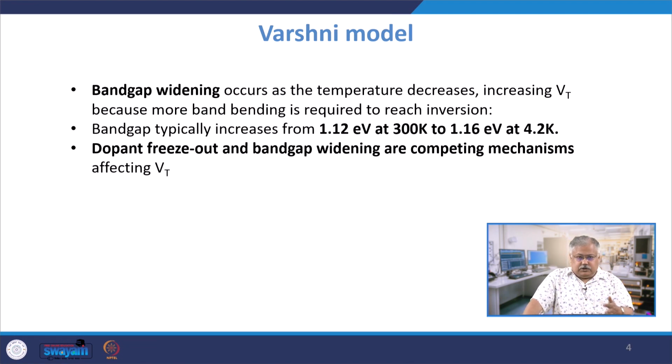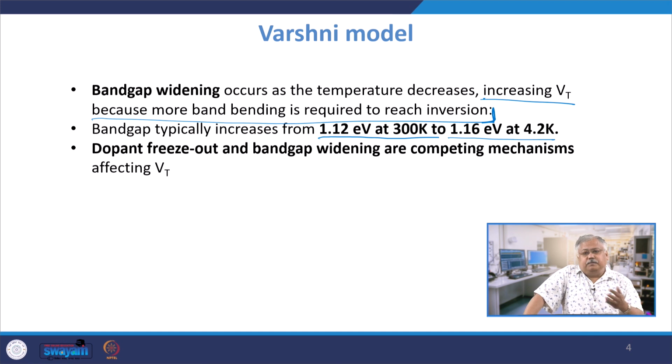That is what I was trying to say in the previous slide, that the band gap increases from 1.12 eV at 300 Kelvin to approximately 1.16 electron volts at 4.2 Kelvin, right. Band gap widening therefore takes place as the temperature goes on decreasing, and therefore, as the band gap widens, the threshold voltage will go on increasing, right. The reason is that more band bending is required to reach inversion. What does it mean actually?